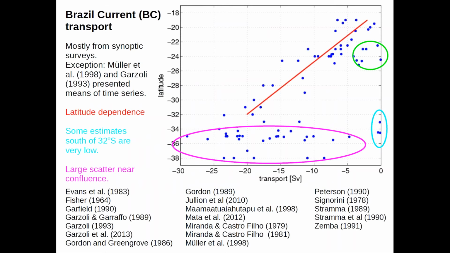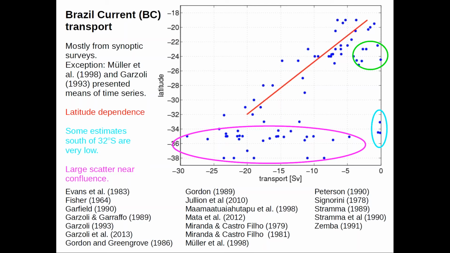This is a summary of earlier results which I showed previously. It's mostly synoptic surveys, but there are two time series products also included in this plot. We see the latitude dependence, and a simplified presentation of that is the red line. Then we see the large scatter at the confluence, which is nothing new really.